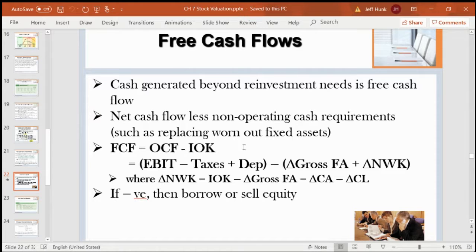So then what is operating cash flow? Operating cash flow is defined as EBIT minus taxes plus depreciation. Okay. And investment in operating capital means, operating capital comes in two parts, right?